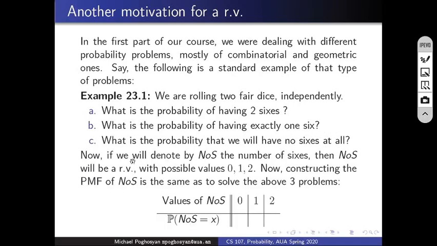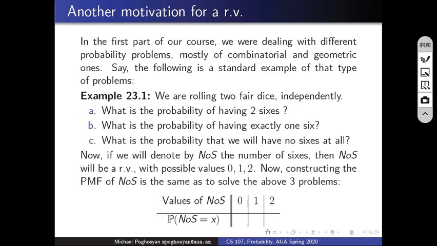Okay, if we denote by NOS the number of 6s, then NOS will be a random variable with possible values 0, 1, 2. So NOS equal to 0 means that we will have no 6s at all. NOS equal to 1 means that we have exactly one 6, etc. If we complete this PMF table, if we calculate these probabilities, then we will have the solution of these 3 problems.